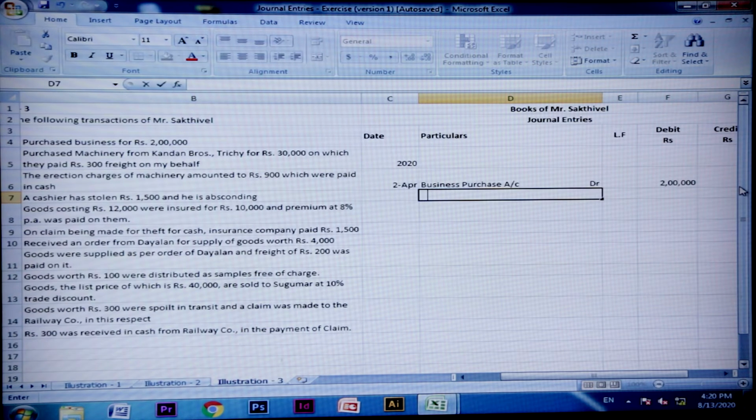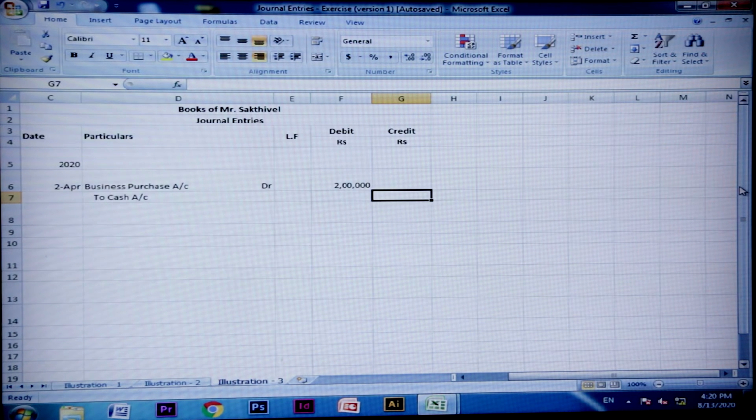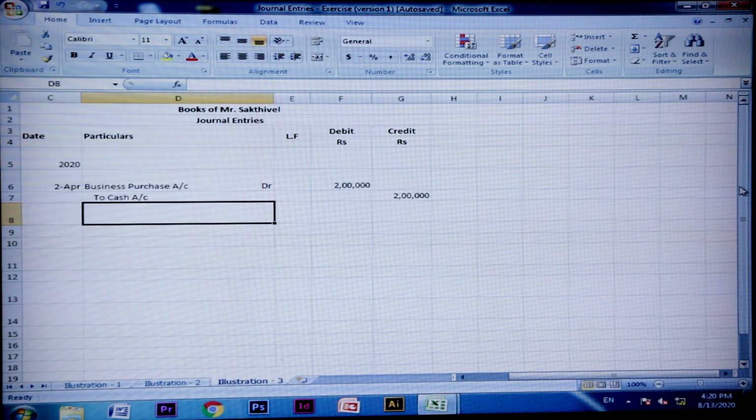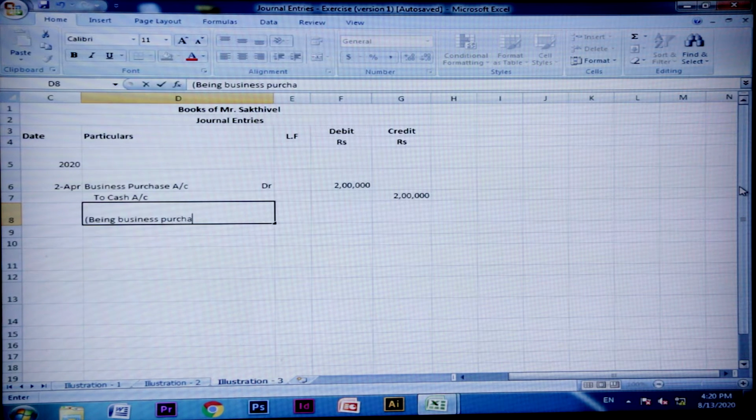So we are applying debit what comes in, credit what goes out rule. To cash account 2 lakhs. The narration for this entry is being business purchased by cash.